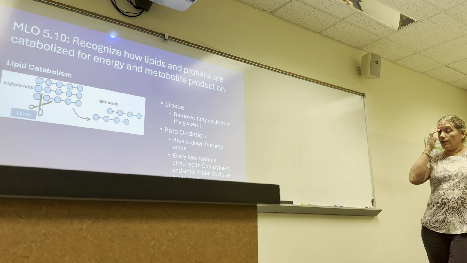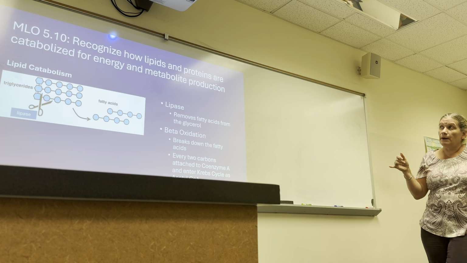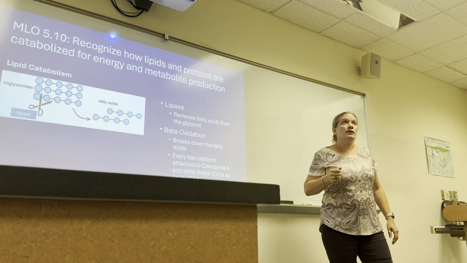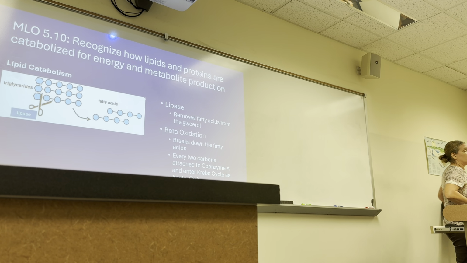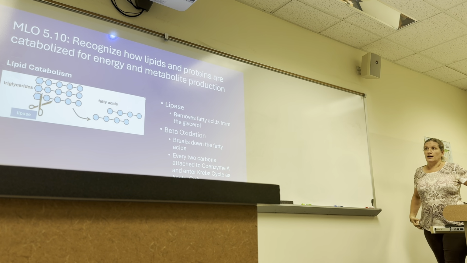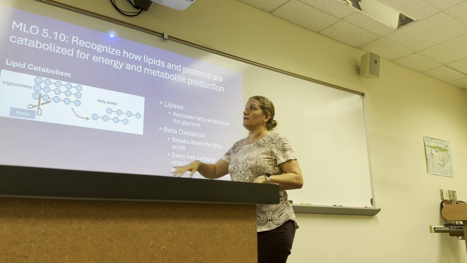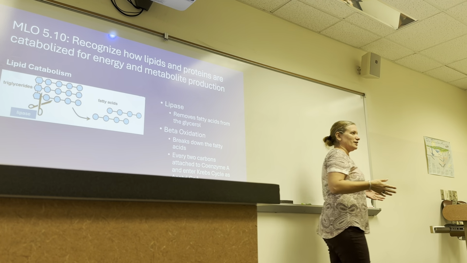Now, what about our other macromolecules? We're going to focus on talking about the lipids and the proteins, as far as where they step into catabolism. When we look at lipid catabolism, we'll focus on probably the easiest of the lipids, because lipids are a pretty diverse group.